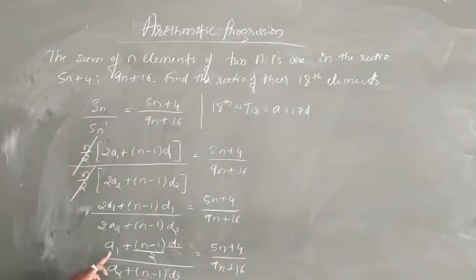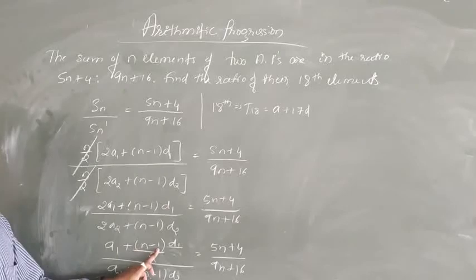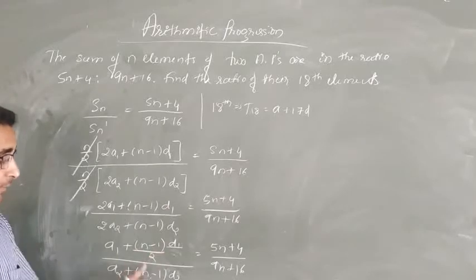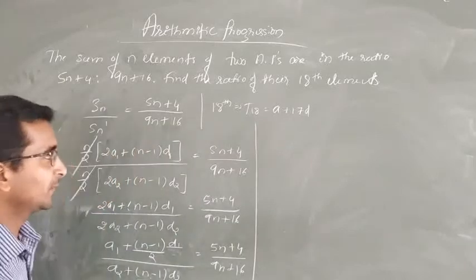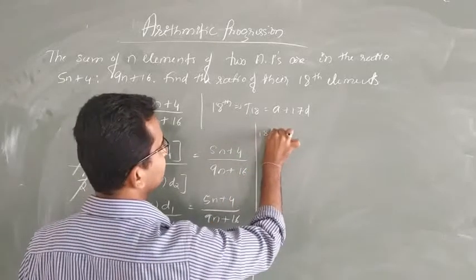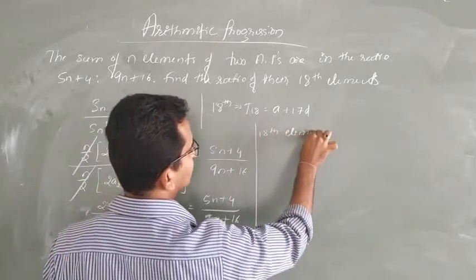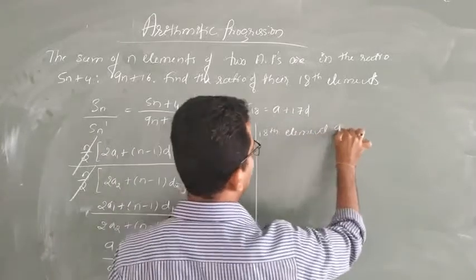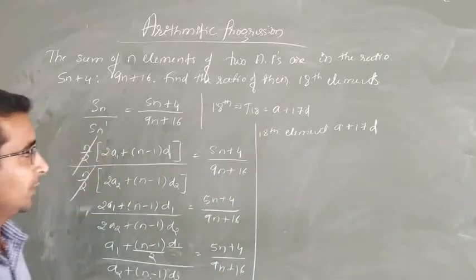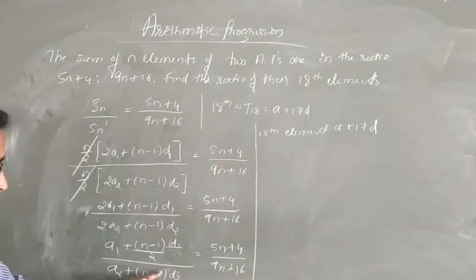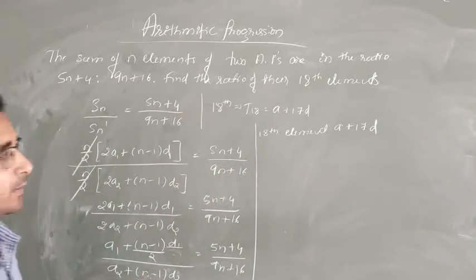Now it is having the form a plus nd. So we have to find out the 18th element, which is a plus 17d. So in place of 17, what do we have? (n minus 1) divided by 2.